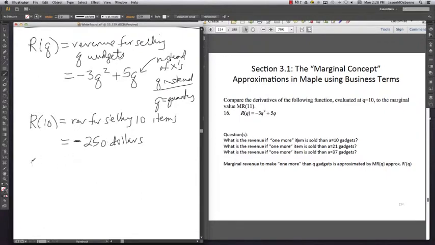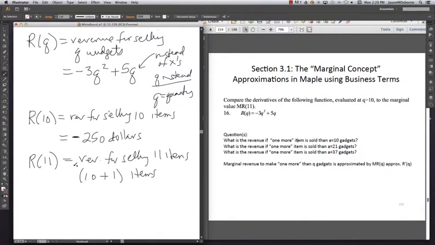The question is R of 11, right? What is the revenue for selling 11 items? And notice that 11 is 10 plus 1 items.